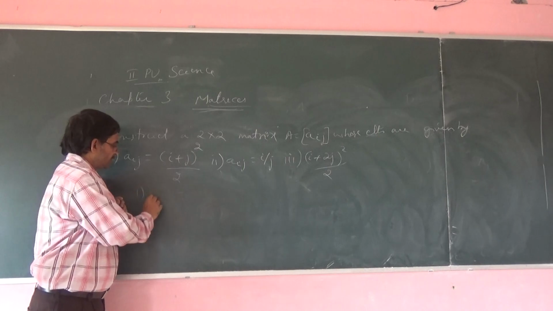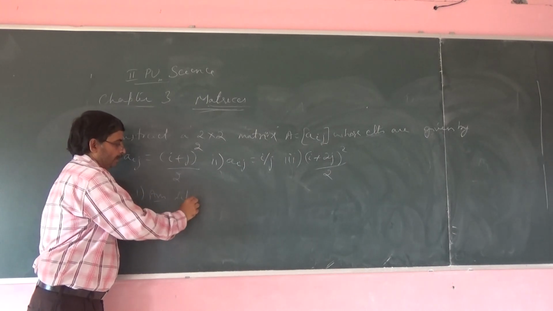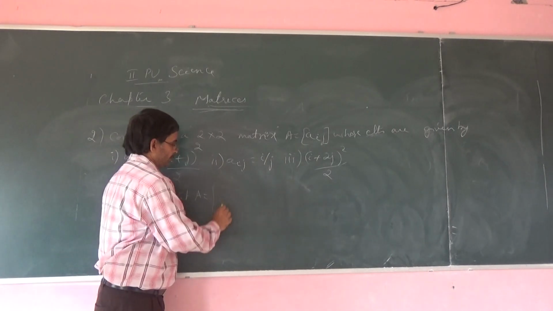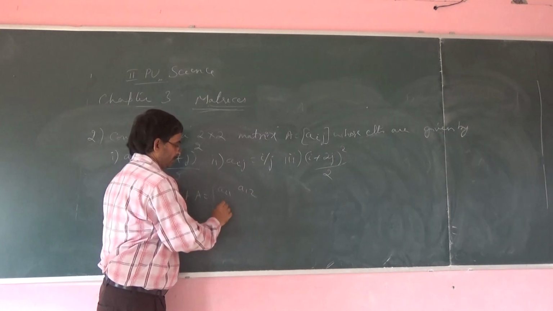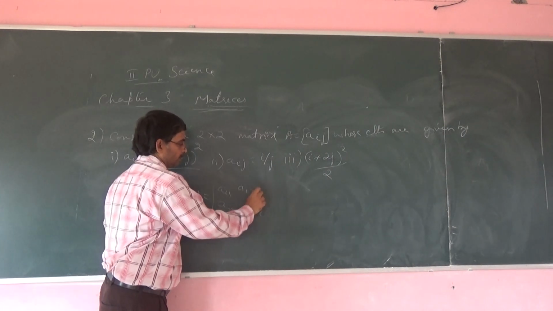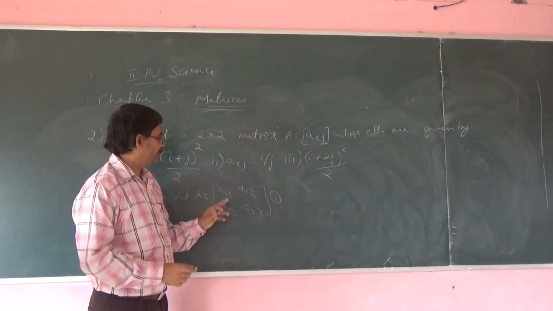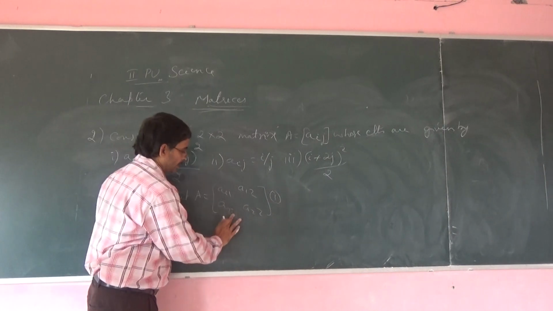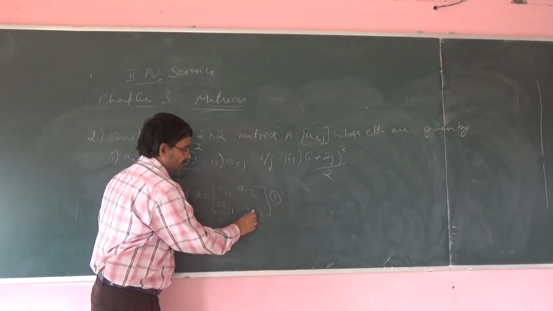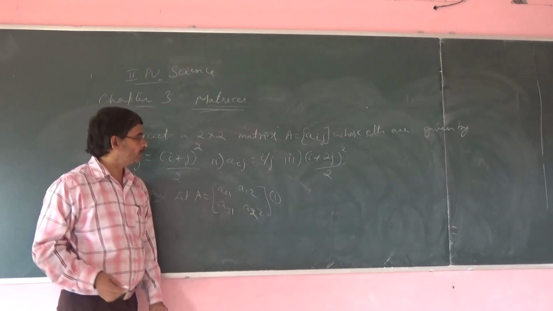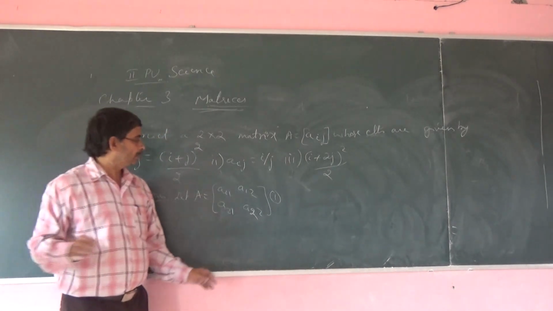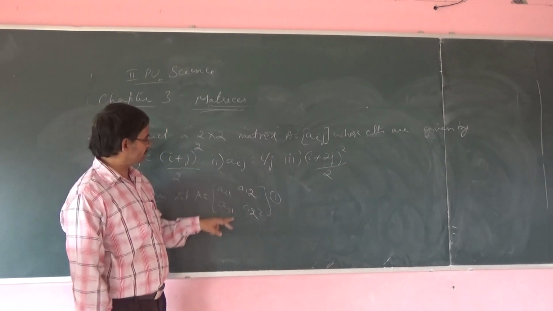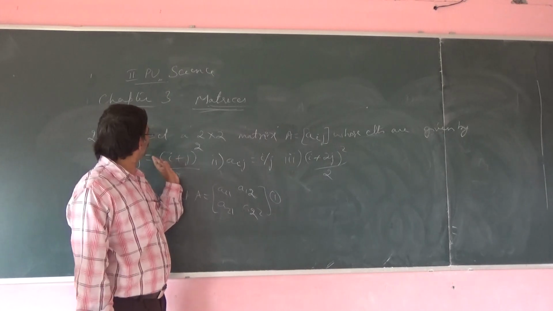For the first one, let A equal to, just for representation, A11, A12, A21, A22. This is A equal to Aij, a 2 cross 2 matrix, 2 rows, 2 columns. Now we have to fill the elements.